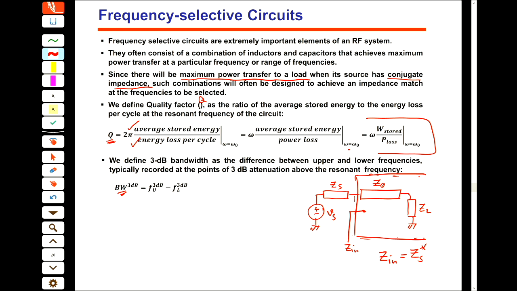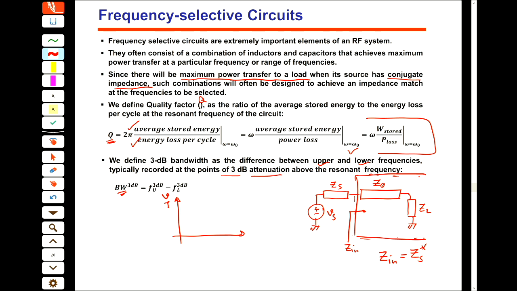At the resonance frequency, which we will see in the next slide, the Q factor is the stored energy divided by the power loss. And then we define the bandwidths, for example the 3 dB bandwidth and the 10 dB bandwidth. By definition, the 3 dB bandwidth is the difference between the upper and lower frequencies at which the attenuation is 3 dB.